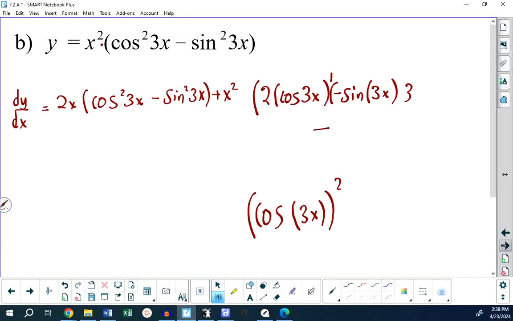Minus the derivative of sine squared of 3x is 2 times sine of 3x raised to the 1 times the derivative of sine of 3x, which is cos of 3x, times the derivative of 3x, which is 3.